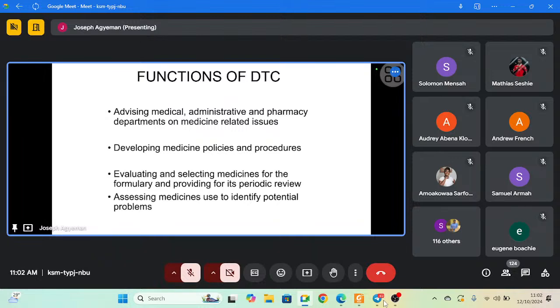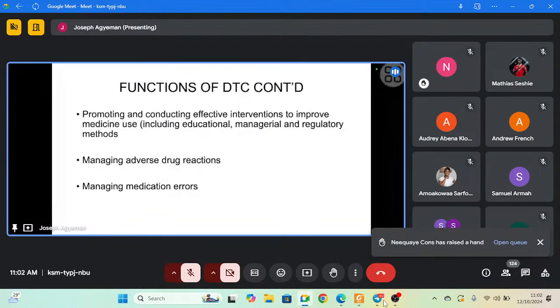They don't wait for the problems to occur before they address them. They have to be proactive, so they also do that. They promote and conduct effective interventions to improve medicine use, including educating the whole staff, nurses, doctors, pharmacists, what have you.